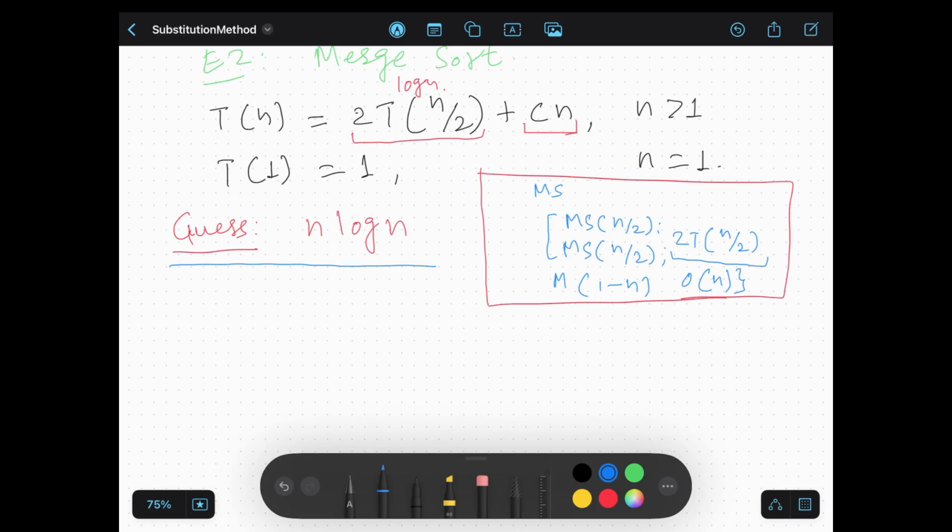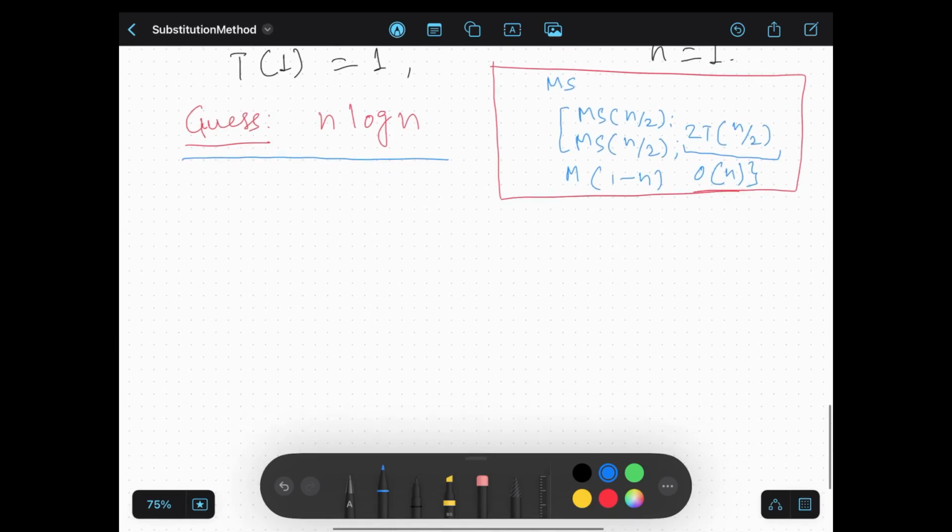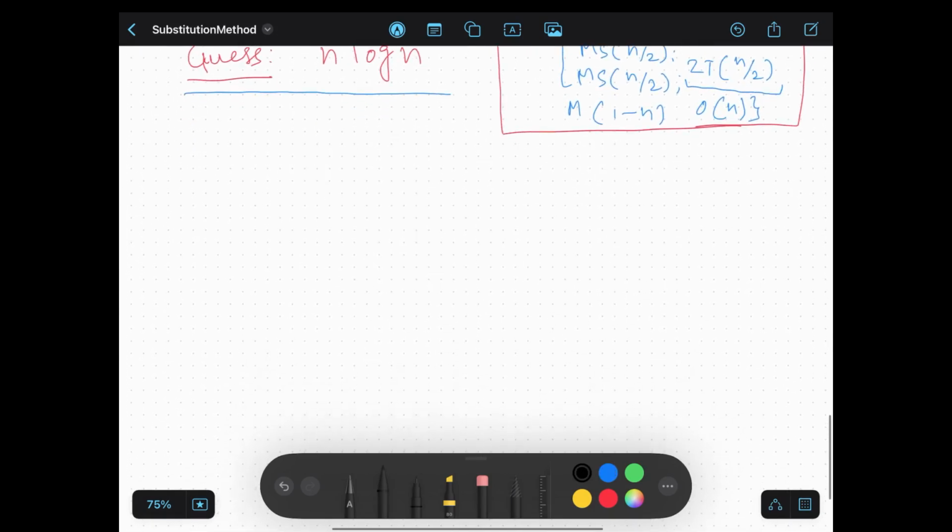So that's how you are going to guess, and you will be getting better at guessing the solution to a recurrence as you do more problems, gain more experience, right? Okay, now let's try to solve this recurrence using the substitution method.